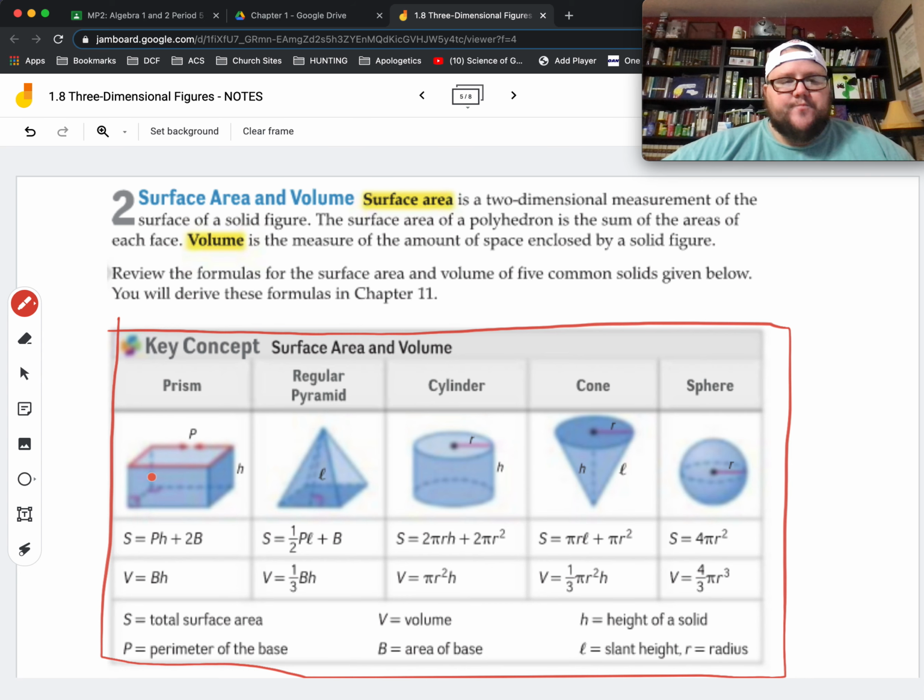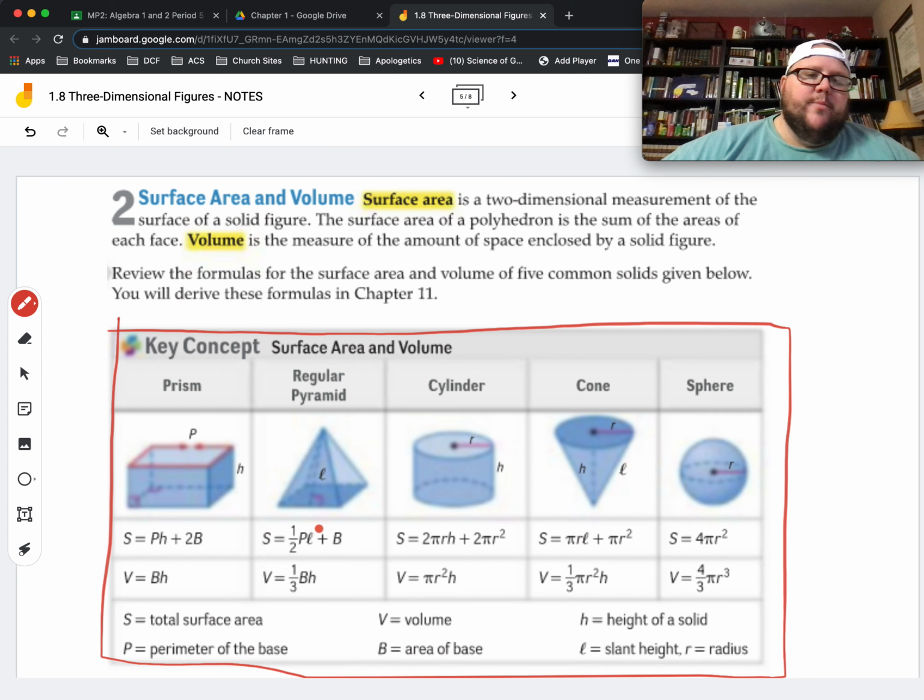Because remember, the area of this side is this length times this height. But I'm doing it twice, and that's what the perimeter does. So I'm taking the area of all the sides plus 2 times the area of the base. Big B is area of base. And then the volume is just the area of the base times the height.